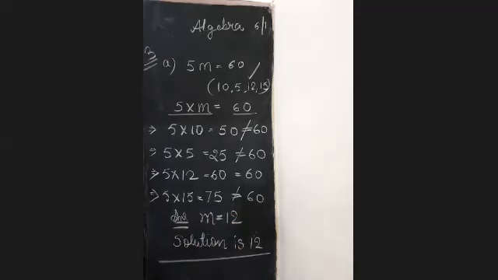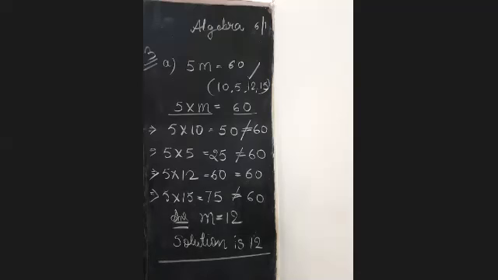This is the complete solution. If you have been given 4 values, you have to put them in one by one and show which value is satisfying this equation. This is the complete solution of what we have to do in this question.